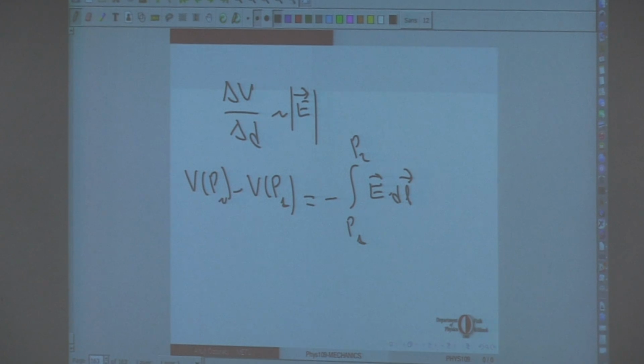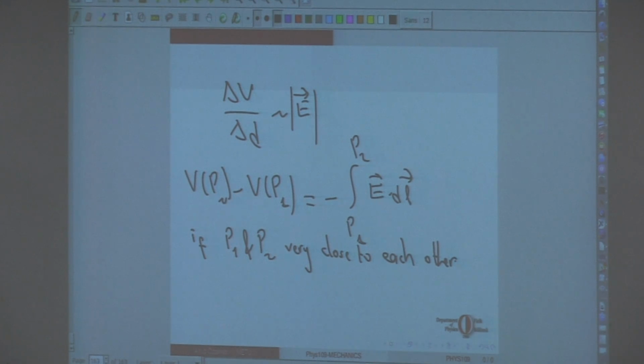Now, if we assume these P1 and P2 are very close to each other, then we can just take this integral along the line that's connecting those 2 points.